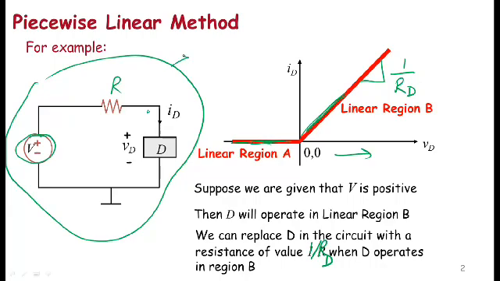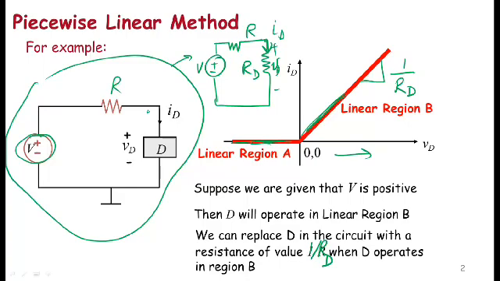So in region B, my equivalent circuit will look like this. I have my voltage source as usual at the resistance R, and then I have a resistance at this point, RD. This is VD and this is ID.